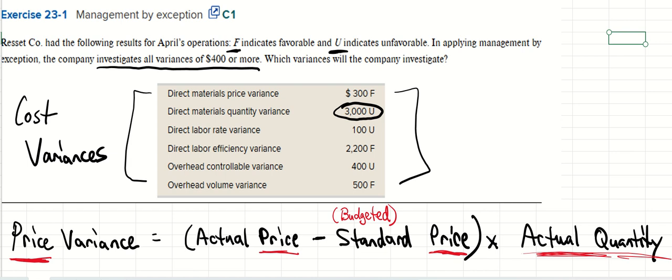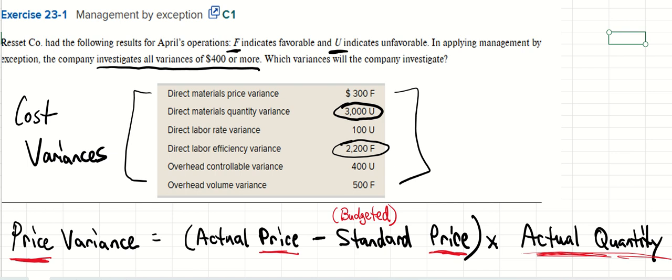Next, we have direct labor rate variance of $100 unfavorable. We do not need to investigate further because that's below $400. Next one, we have a direct labor efficiency variance of $2,200 favorable. We do need to look into this further, even though it's favorable, because that is a significant difference between 2,200 and 400.